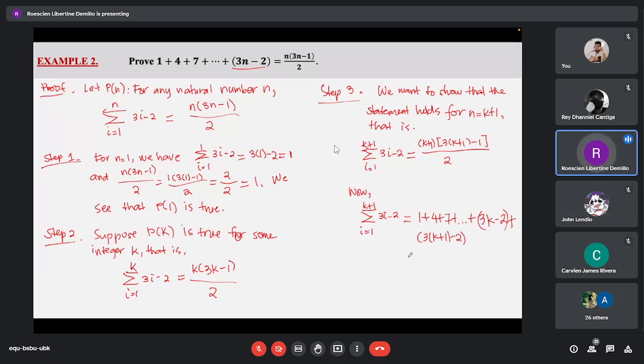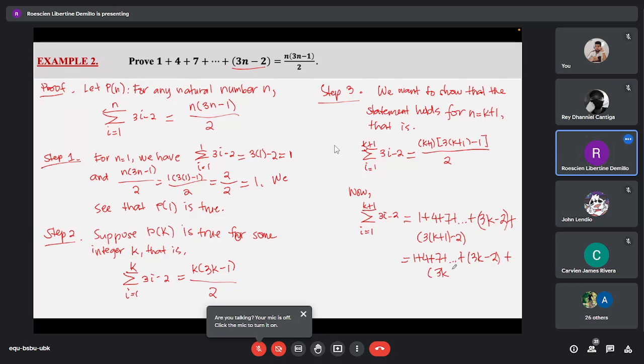So, if we copy this, 1 plus 4 plus 7 plus so on and so forth plus 3k minus 2 plus this 3 times k plus 1 minus 2 is just equal to 3k plus 1 minus 2. Should we continue this? Let's not continue it. Let's just continue with the previous so you won't get confused.